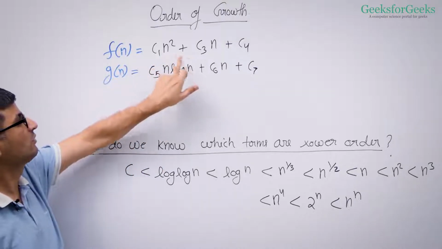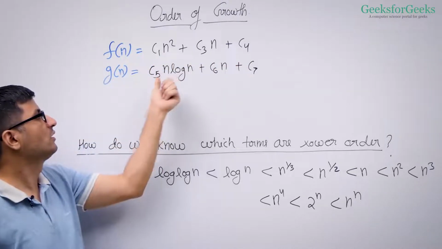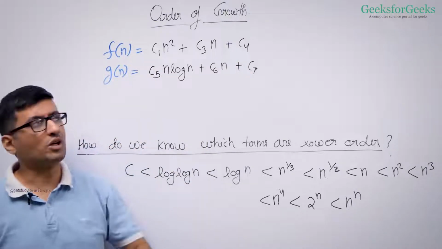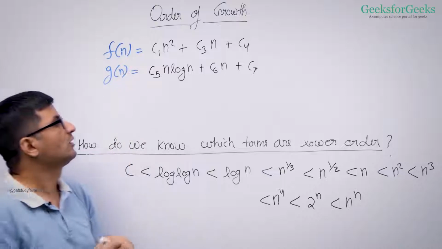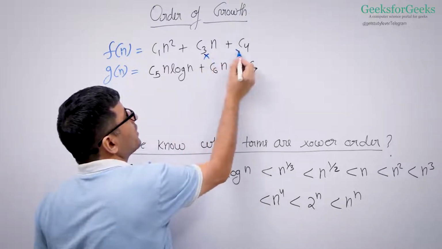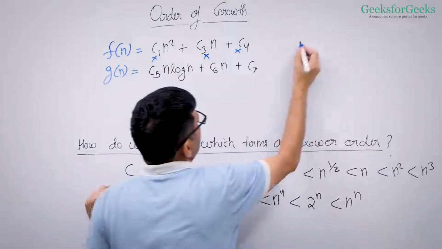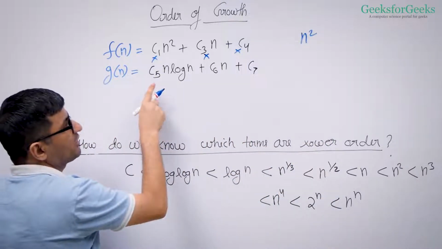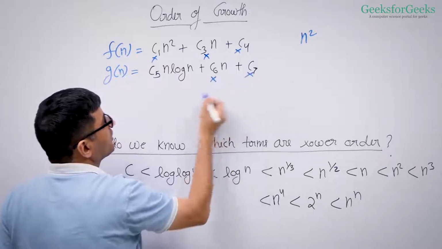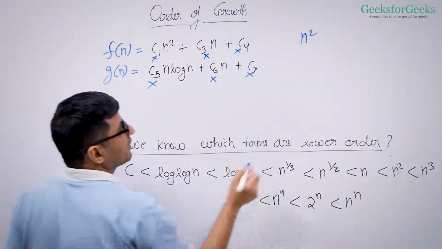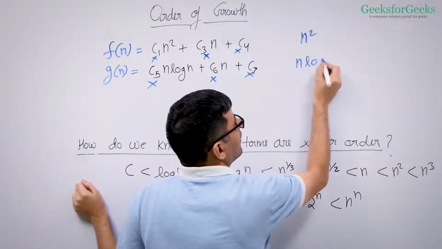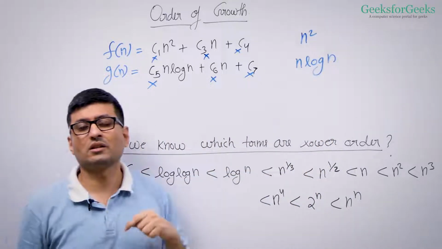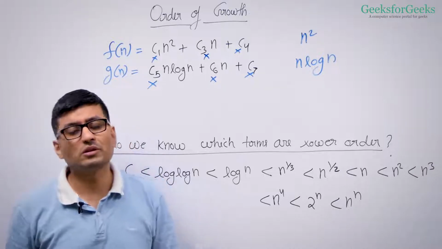Let us do one more exercise. c1n square plus c3 plus c4, and c5n log n plus c6 plus c7. What is the order of growth of this function? We ignore the lower order terms, ignore the leading constant, we get n square. What is the order of growth of this function? Ignore the lower order terms, ignore the leading constant, n log n. Now, which one is faster or has less order of growth?